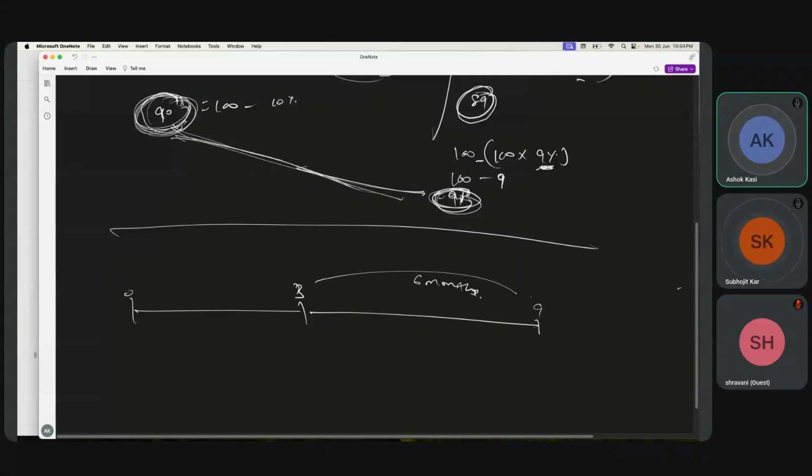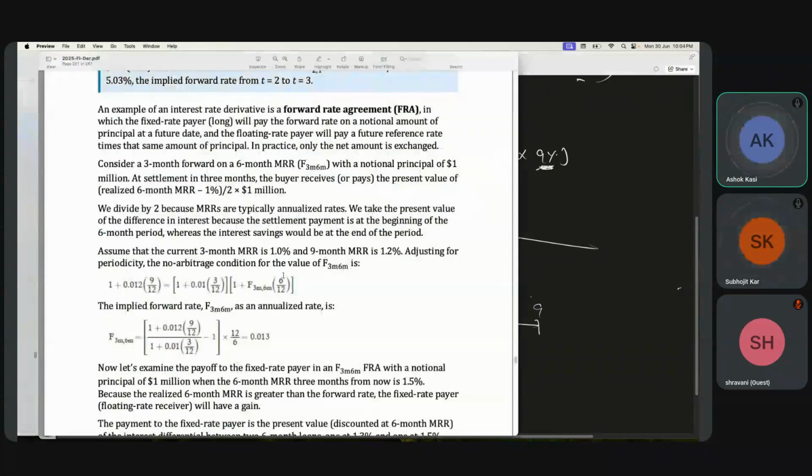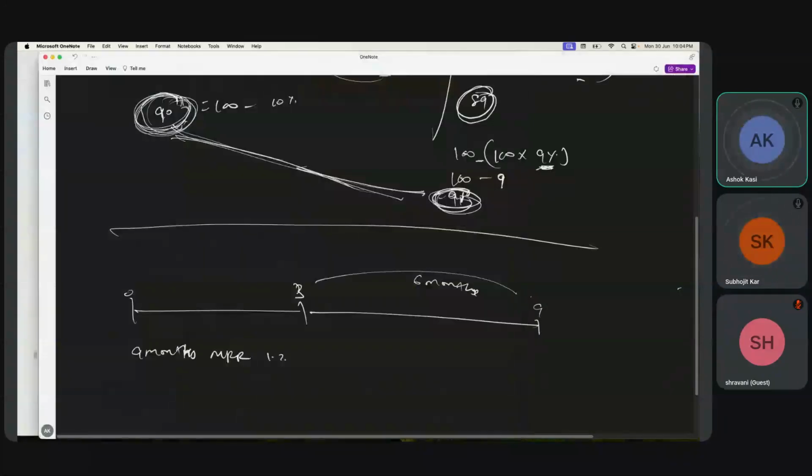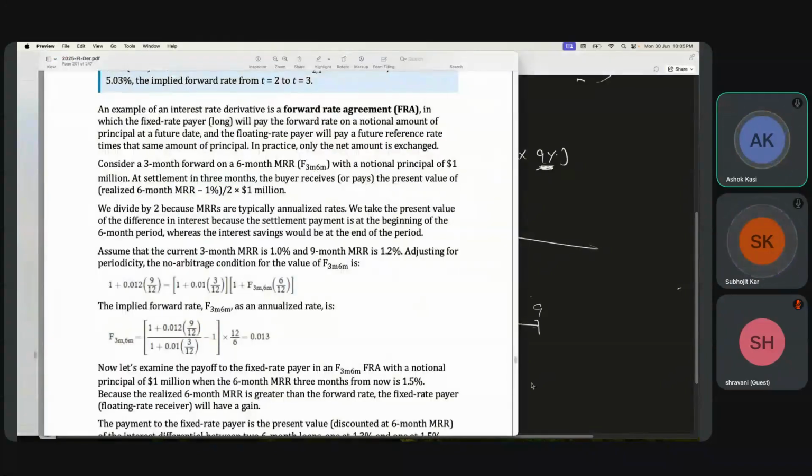So they mentioned that 9 months MRR is 1.2 percentage, and 3 months MRR is 1 percentage.